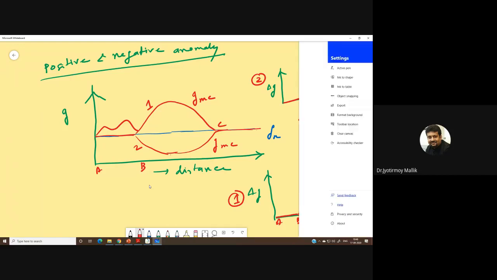Now, suppose I have an area, and I have calculated gravity anomalies, delta G's, at different points. I have my delta G values at all different points.